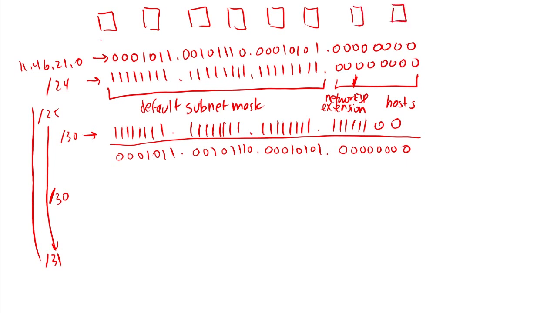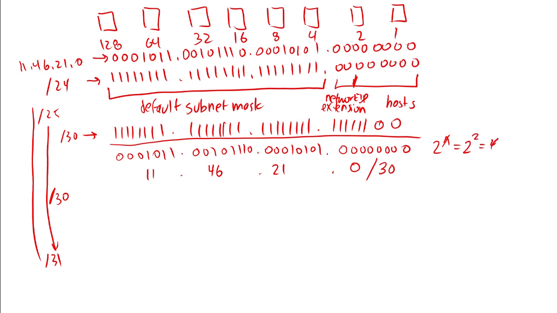So now I still have, I didn't change anything. So my first network is still 11.46.21.0, but now it's a /30. And if we look, it's only got 2 zeros. So if we use our formula 2^x, where x is 2, so 2 to the 2 is 4.